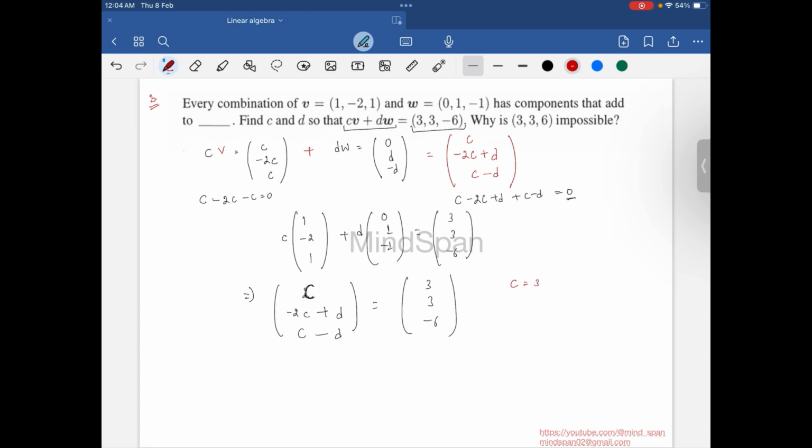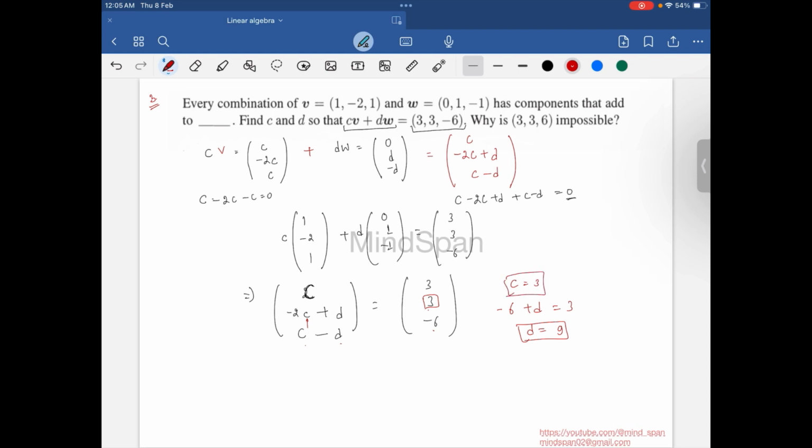And if we put c equal to 3, we will have minus 6 plus d, and that should be equal to this component, that is 3. So d is equal to 9, and if we have c as 3 and d as 9, that will give you minus 6. So we are good with that.